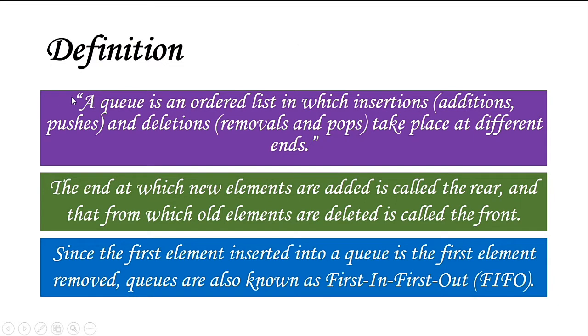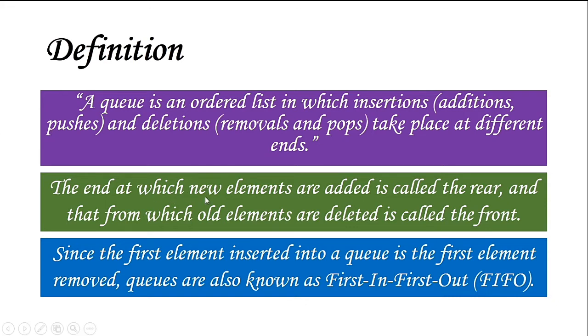So the definition of queue is, a queue is an ordered list in which insertions and deletions take place at different ends. In the stack, if you consider, it was taking place only at the top of the stack, right? But here you will have a front end and a rear end. There are two different ends for the queue. You are going to insert the elements from the rear end and you are going to delete the element from the front end.